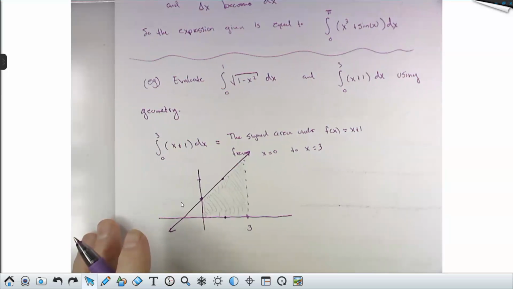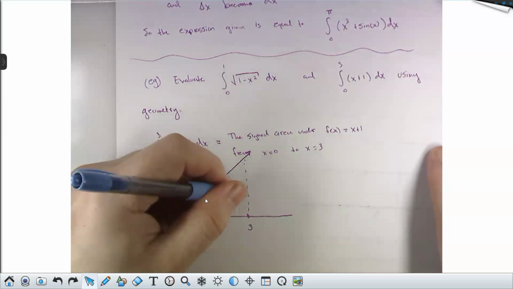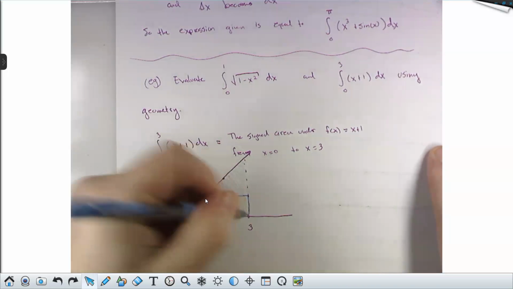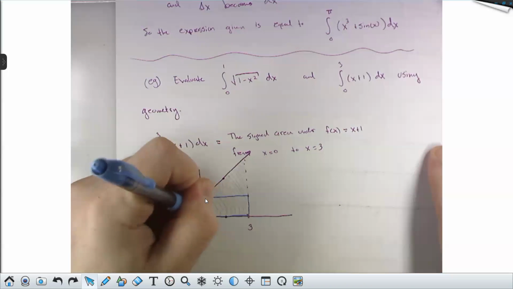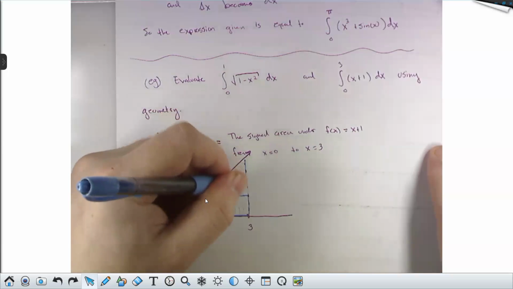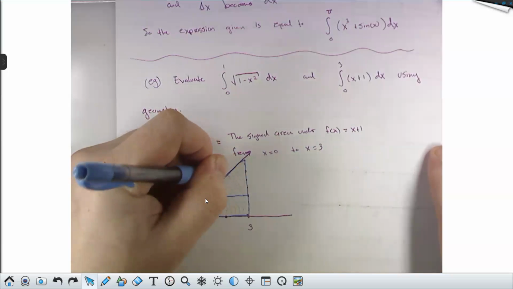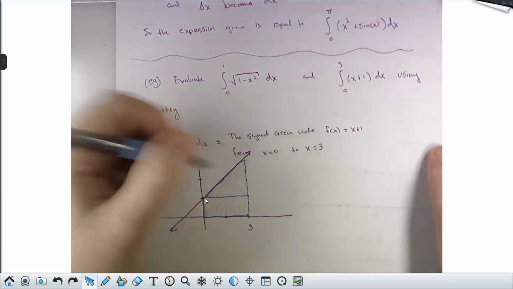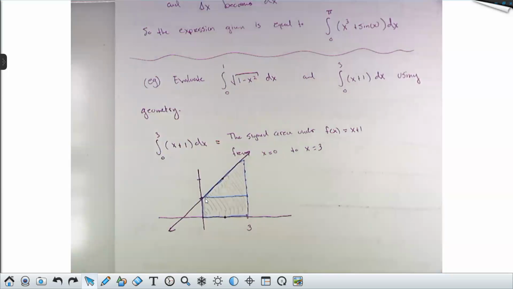We can find the area in this case using geometry. I can split this region up. I can think about it as this region together with this region. One is a triangle and the other one is a rectangle.